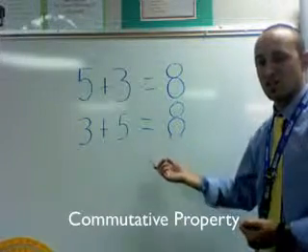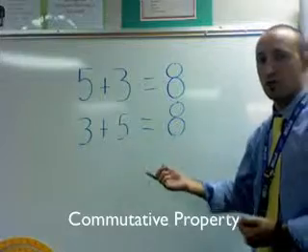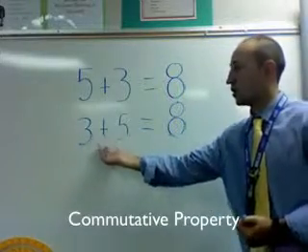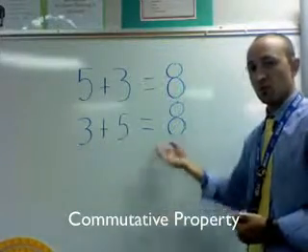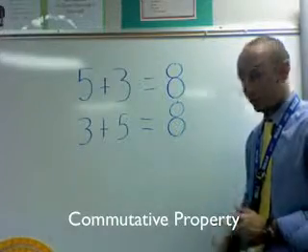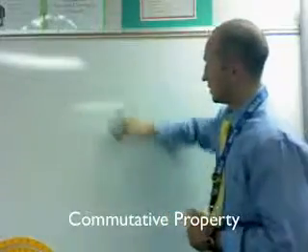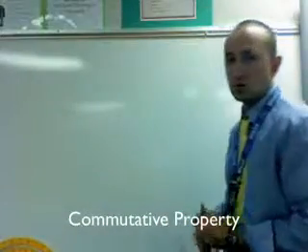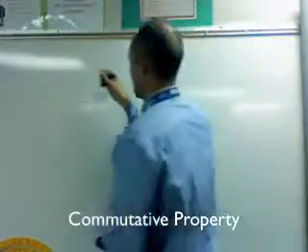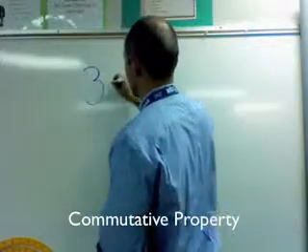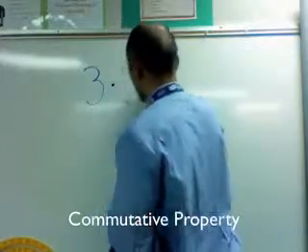We know that addition has a commutative property because it doesn't matter which order the numbers are in, we're going to come up with the same answer either way. Now addition is commutative, but multiplication problems can be as well. Let's have a look at one of those. Let's say we have 3 times 5.